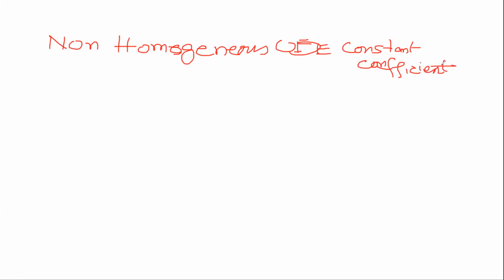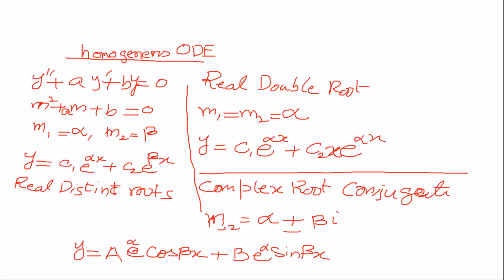Okay. So in the previous slide, it was also with constant coefficients for the homogeneous case.